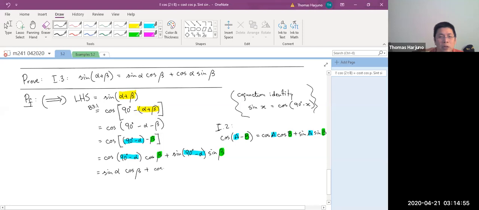That's cosine alpha sine beta. So what I did here is actually I apply that cofunction identity again. What happens here, I apply 1, 2. Now, I get the right hand side. That's the end of the proof.